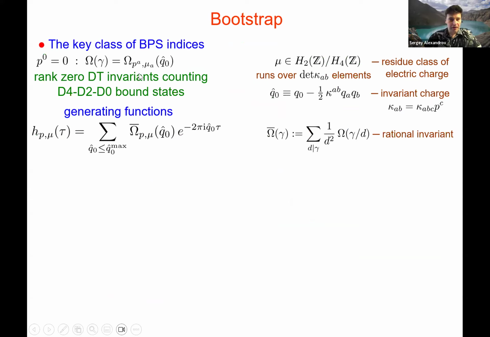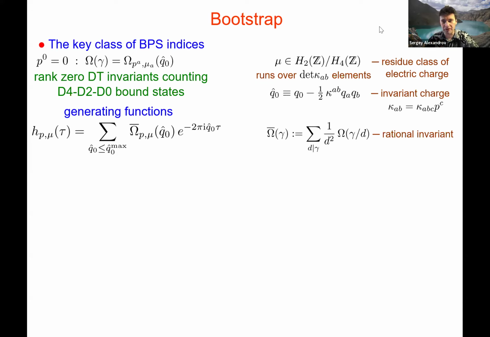In this case, spectral flow invariance also allows us to reduce the number of charges on which these indices depend, but not completely. Here we can reduce the dependence on the D2 brane charge, but we cannot completely remove it.